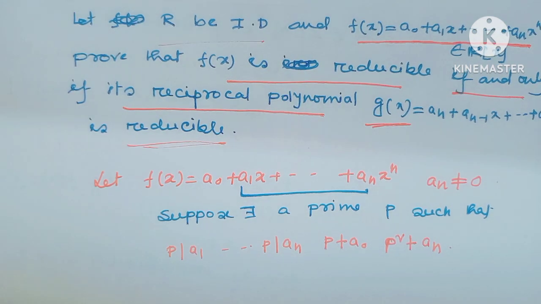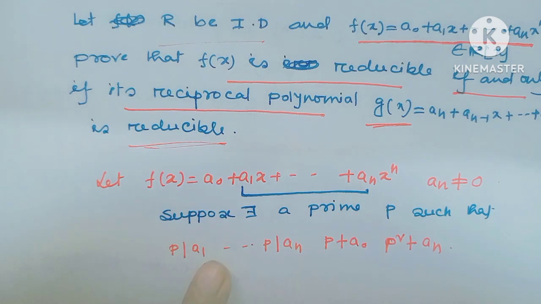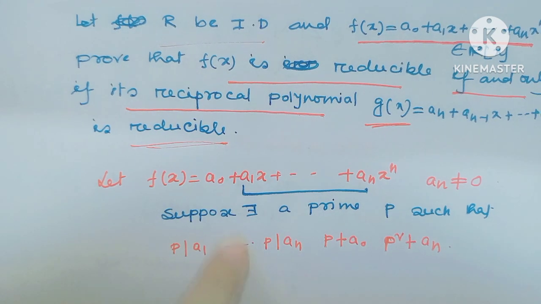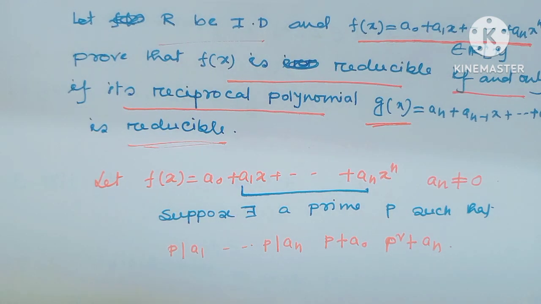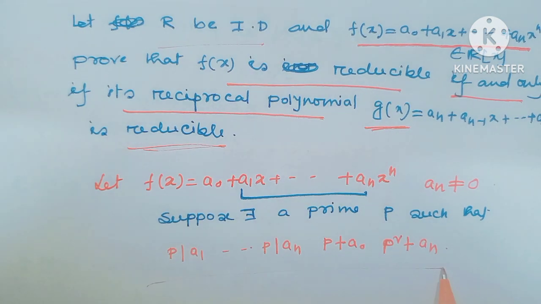This p, by Eisenstein's criterion, is satisfied for the reciprocal of this polynomial, because if we apply the mod p test to the reciprocal of this polynomial, then this would be satisfied.